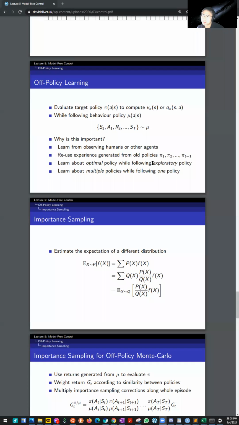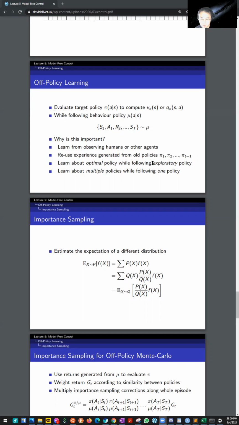And also it's possible to learn about multiple policies while following one policy. For example, in playing a game, if our goal is to maximize the reward function, which is winning a Go game, there could be multiple ways that lead to victory.